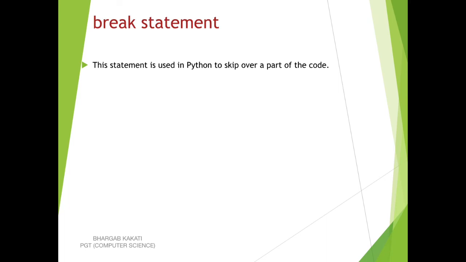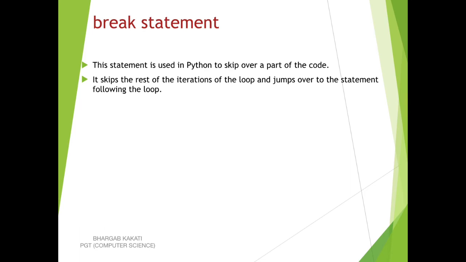Prematurely means before all the iterations are complete. If you want to terminate the loop based on some condition, then you can use the break statement. It skips the rest of the iterations of the loop and jumps over to the statements following the loop.